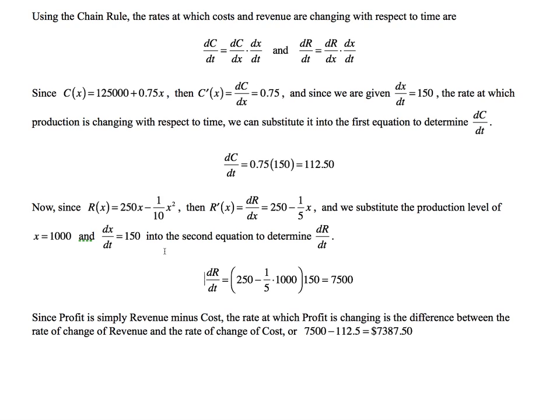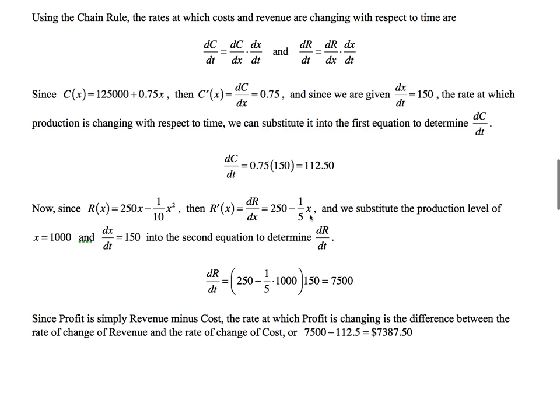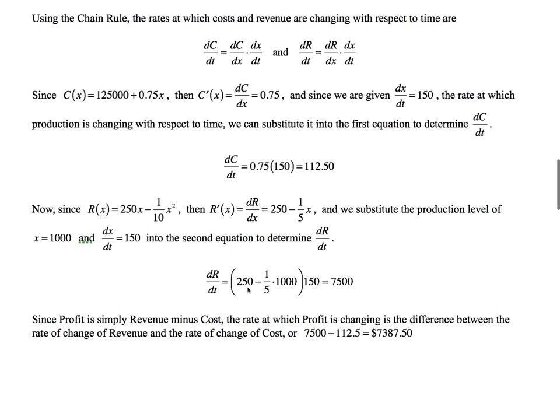And so we substitute those into the second equation to determine dR/dt, the rate at which revenue is changing with respect to time. 250 is just a constant, and x is 1,000, so 250 minus 1/5 times 1,000, times 150, is 7,500.